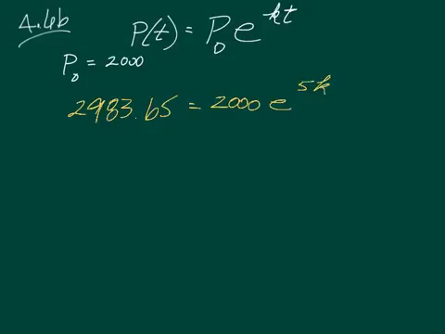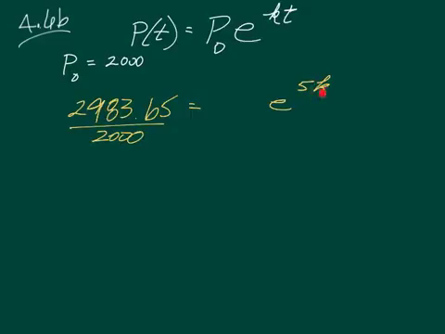Then I can just do my algebra, and I'm going to divide both sides by 2,000, trying to get as much on the right hand side alone as I can. Now again, what I've got is exponents, and my variable k is one of my exponents here.